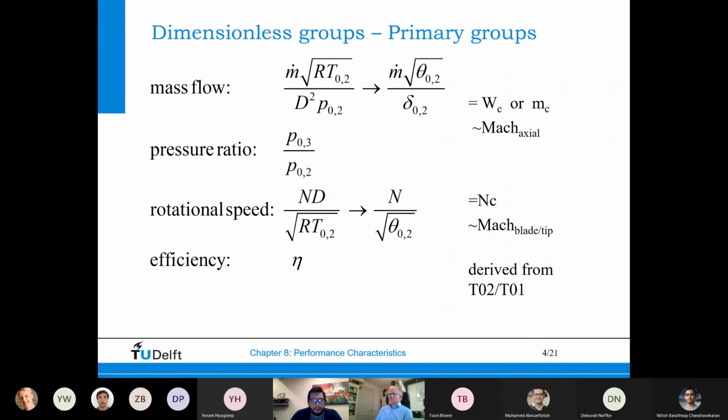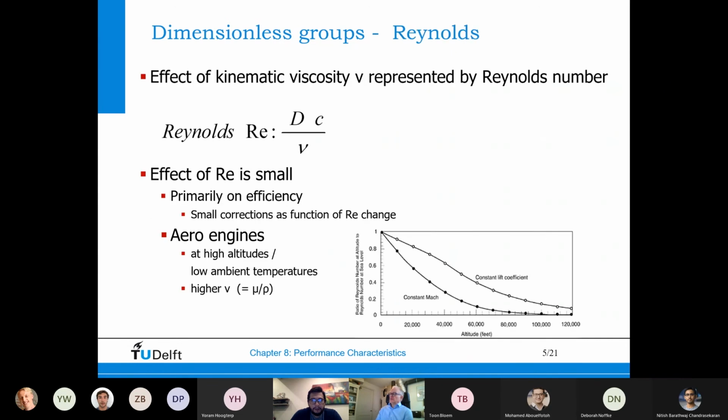And then we have the extra group, which is the Reynolds effect, a dimensionless parameter describing the viscosity in a non-dimensional sense, and it has an effect on efficiency.